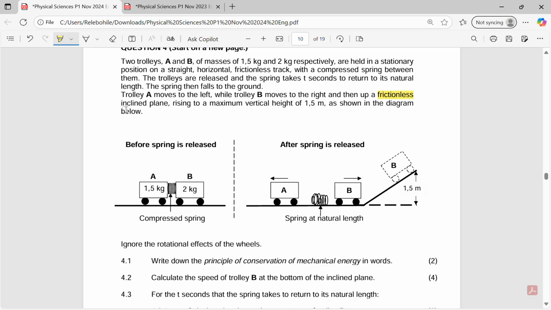This is where our trolley is moving, and there is no friction there. If there's no friction, it means that mechanical energy is conserved. That means we should use the principle of conservation of mechanical energy to solve this problem. There are other ways, but I'm going to use that approach in this case.